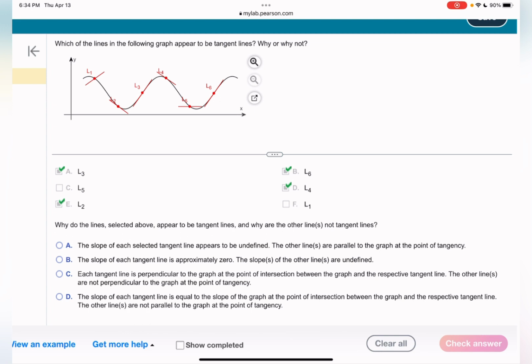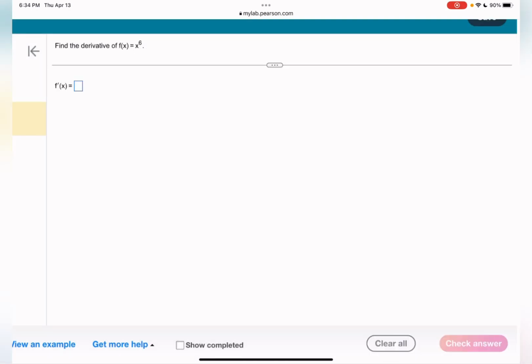Okay, this is the one, at the point of intersection between the graph and respective tangent line. The other lines are not parallel to the graph at the point of tangency. This is the answer. We know that. Fantastic. Moving on to next one.